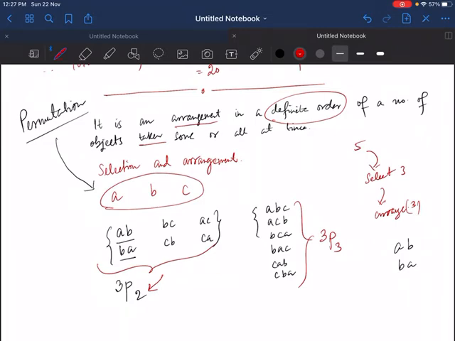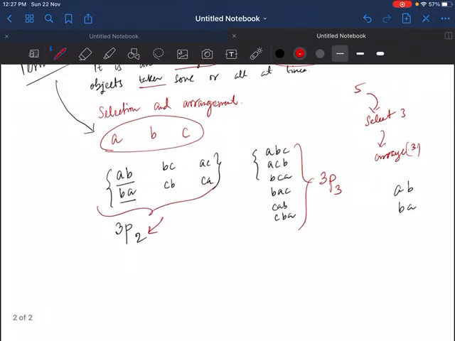Now let's see what 3P2 is equal to. Can I write how many elements we can see in here? 1, 2, 3, 4, 5, 6, right?